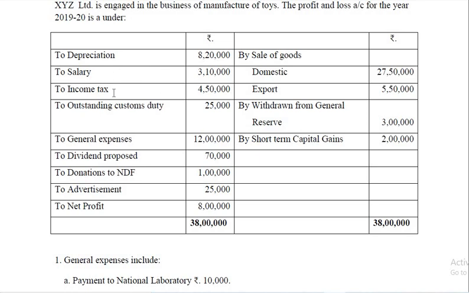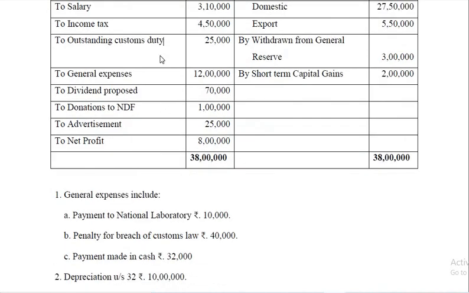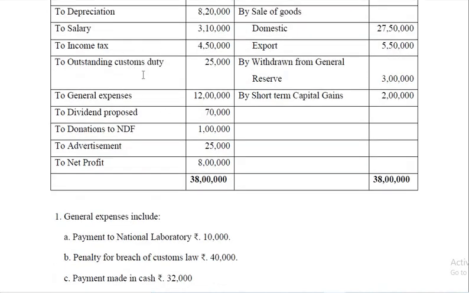Salary, income tax is not allowed in both the cases. Outstanding customs duty is not allowed while computing business income. General expenses, I have already explained these 3 points. And dividend proposed is not allowed, whether in the computation of business income or book profit.